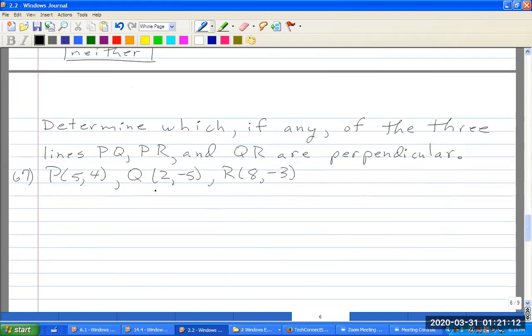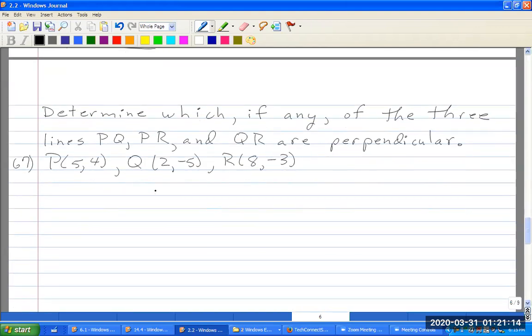Let me do problem number 67. So I want to determine which, if any, of the three lines PQ, PR, QR are perpendicular. So let's look at the slope of the line PQ.